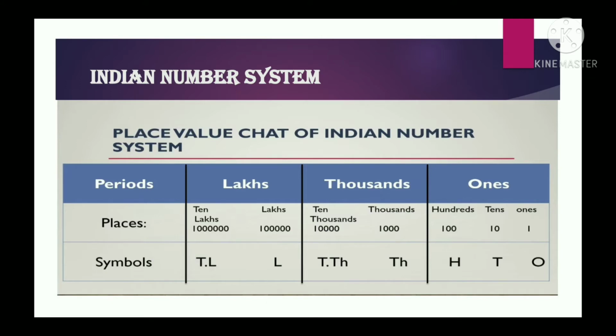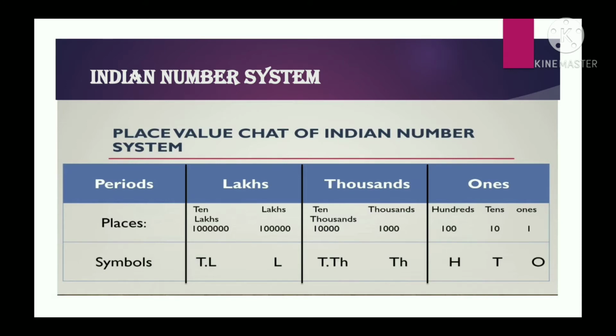For ones we use O, for tens we use T, for hundreds we use H, for thousands we use th. For 10,000 we use t.th. For lakhs we use l. For 10 lakhs we use tl.